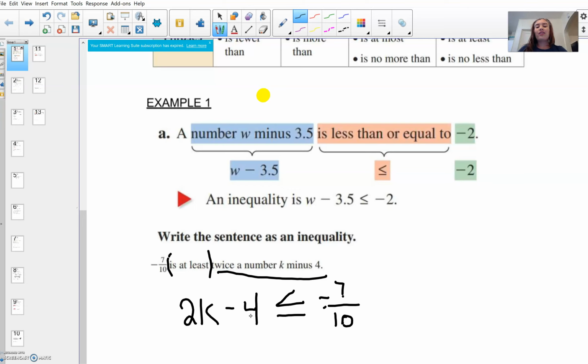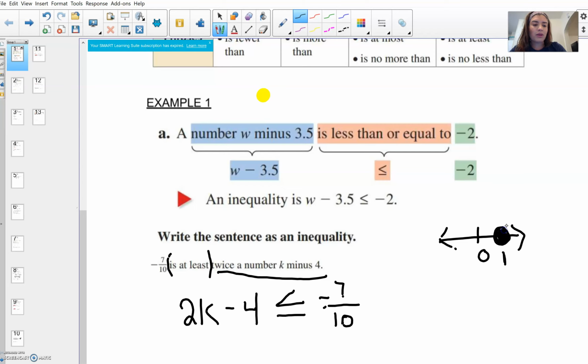So when you're thinking of at least, I like to imagine just a number line, which we'll learn to graph in a moment. So if I say something is at least 1, that means the smallest amount that it could possibly be is 1.